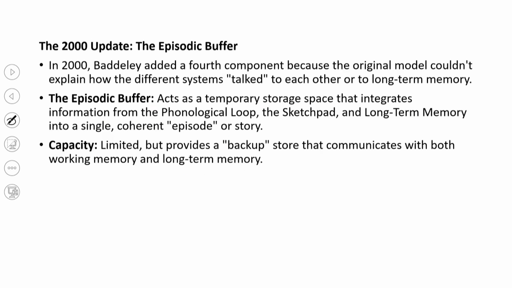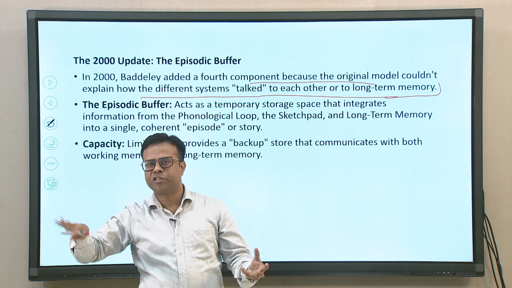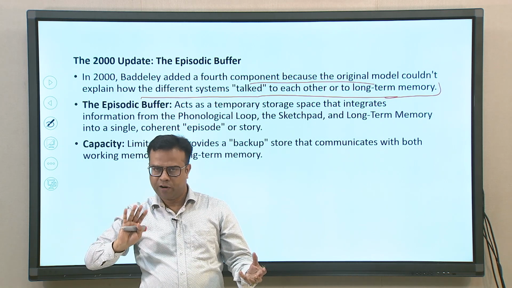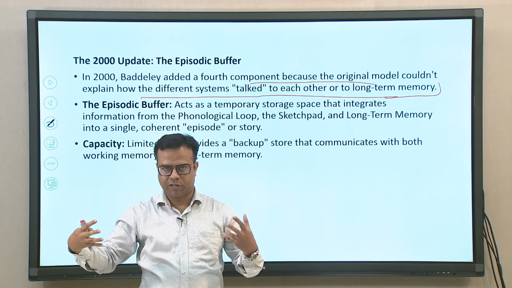After 2000, they also introduced something called the episodic buffer, another component. In 2000, Baddeley added a fourth component because the original model could not explain how the different subsystems talk to each other or to long term memory. Visual information is coming to the visuospatial sketchpad, auditory information is coming to the phonological loop, but how do they talk to each other?